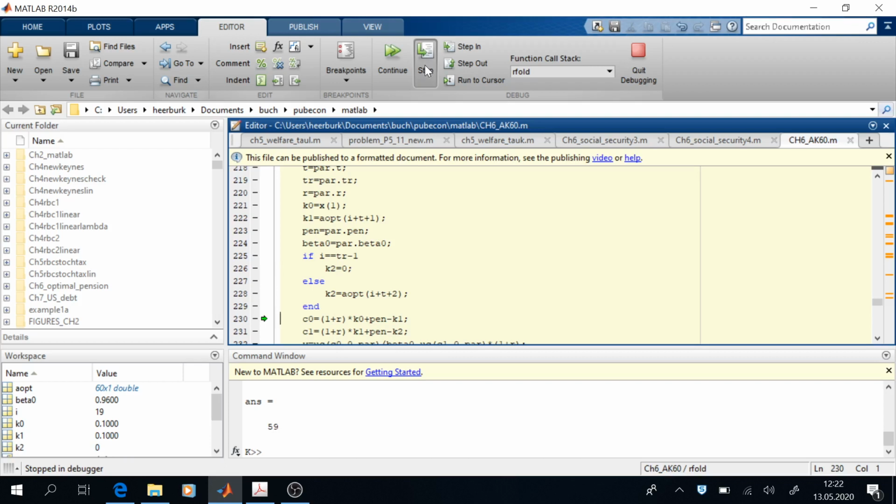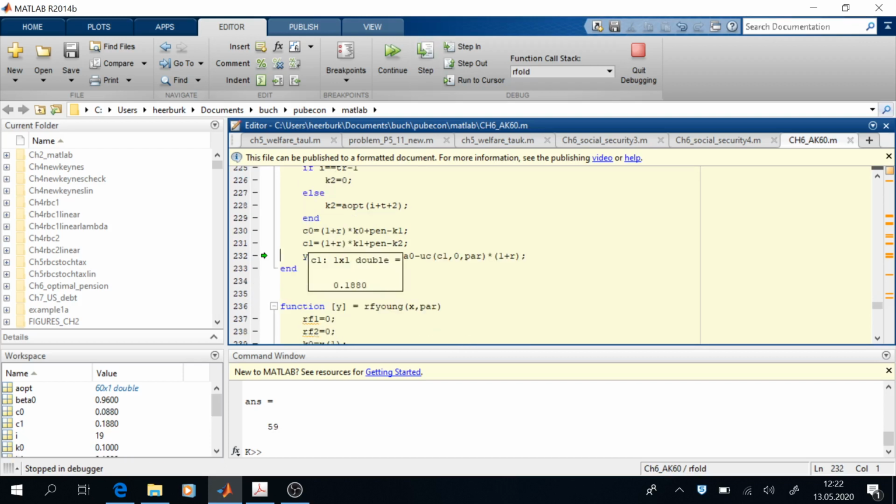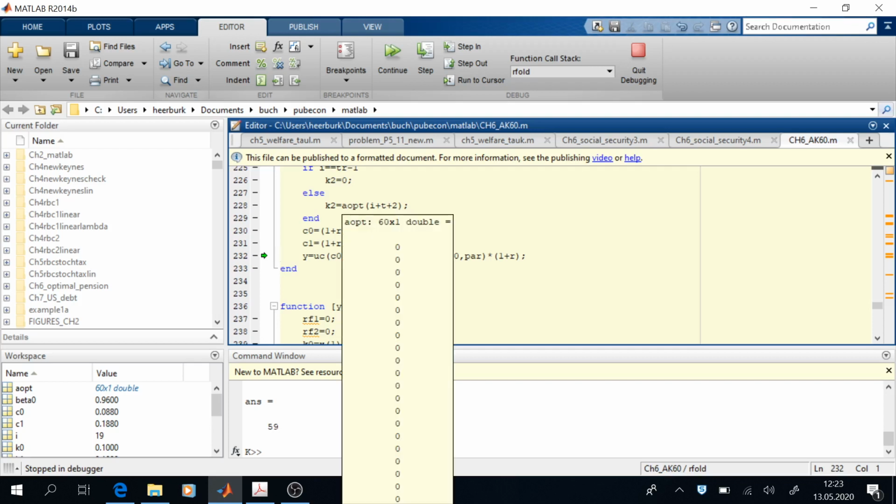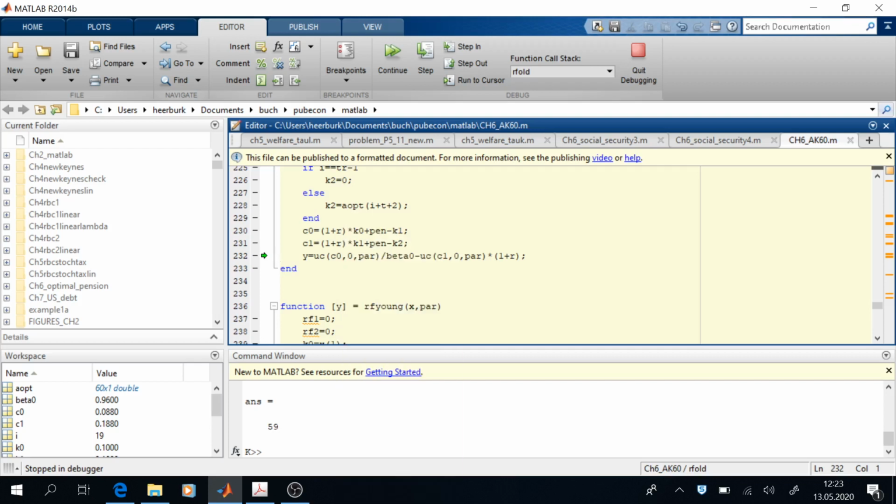Therefore, when I compute consumption next year, I have to substitute K2 equal to 0 here. This will be the asset level in 2 periods ahead. And if I'm younger than 59 years, then we have stored the value of the asset level in 2 periods in the vector A_opt.